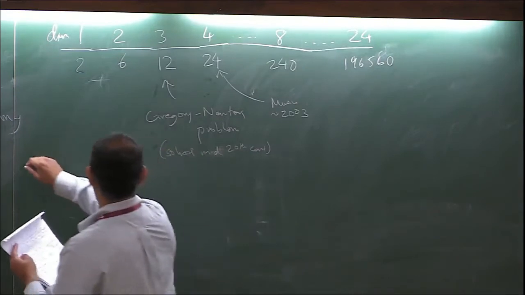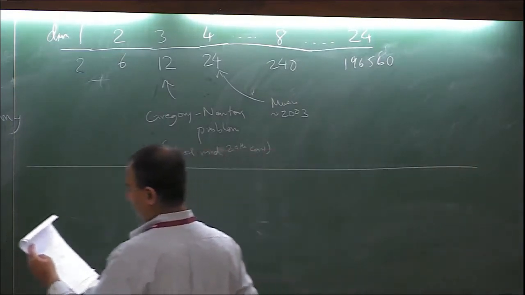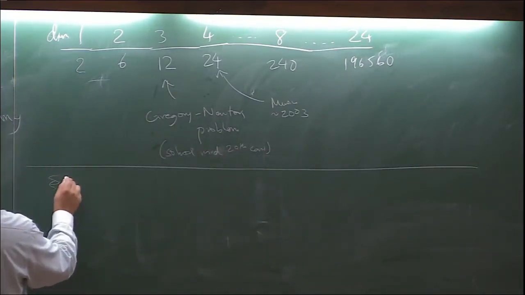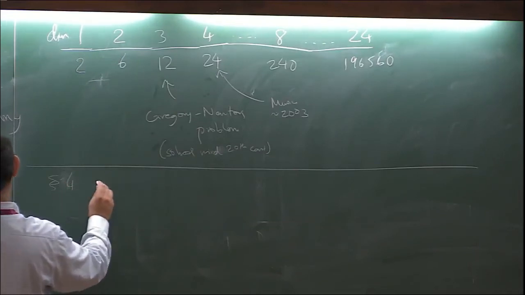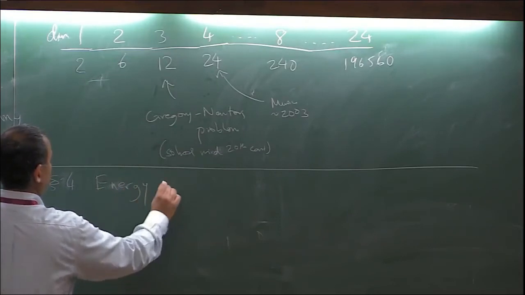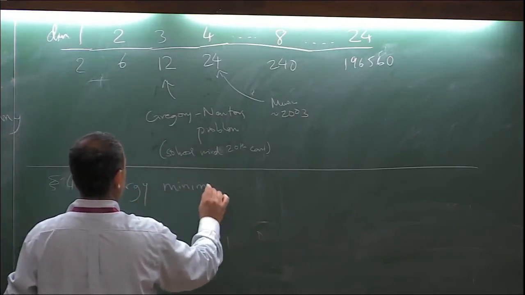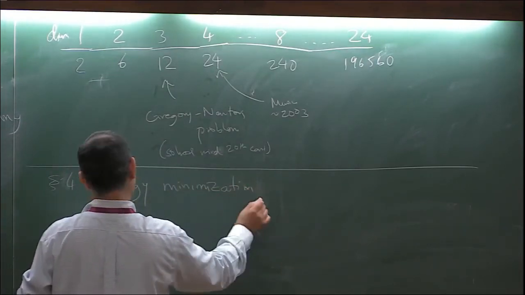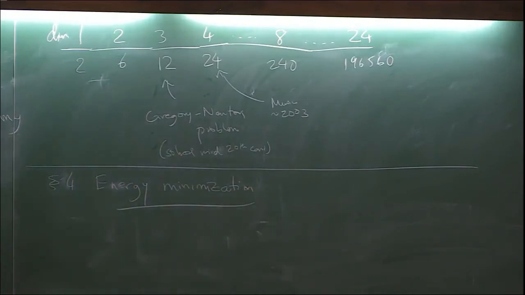Instead, let me talk about energy minimization, which is going to come up. Section 4, energy minimization. There'll be a lecture on energy minimization, but let me just introduce a few things about it.